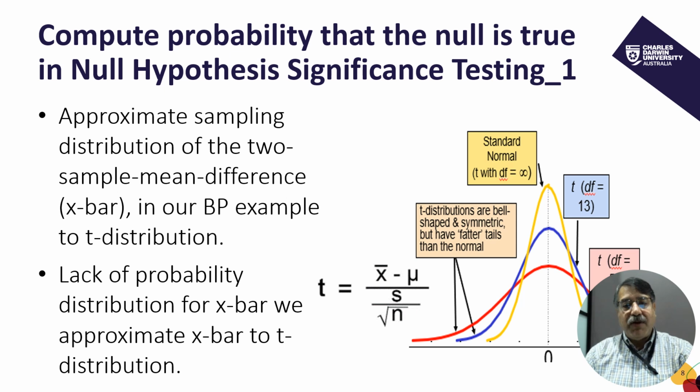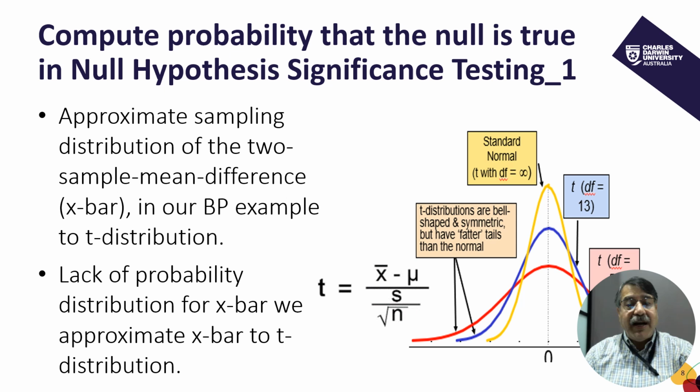The t distribution has statistical properties that are very well defined. Like I said, it approaches the normal distribution with degrees of freedom of infinity, a mean of 0, and a narrow bell-shaped curve.